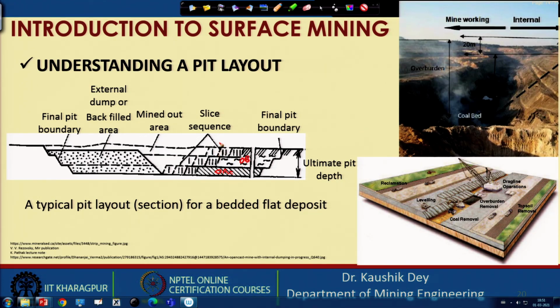You see the sequence of operation: this is excavated, thrown at this place, this is also excavated and thrown, and this is excavated and taken out as ore. So, this is the sequence of operation 1 2 3, 1 2 3, and in this sequence your benches are being moved in this direction and overburden rocks are backfilled in the mined out area.